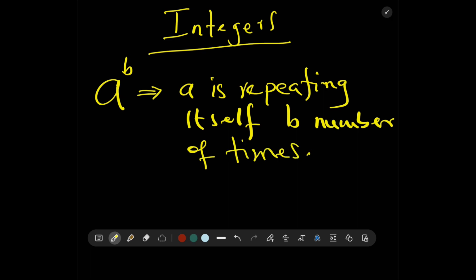So when you see that, it means that A is repeating itself B number of times.